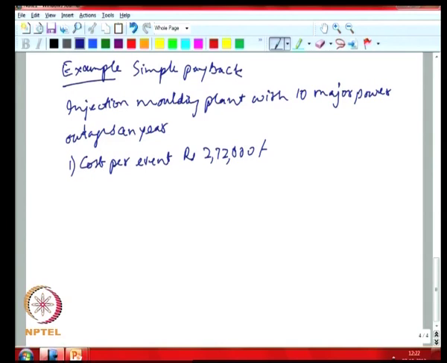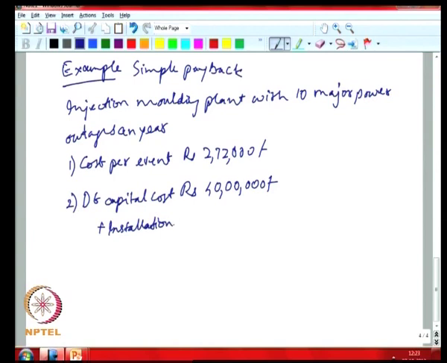And you have a number such as this, and then you look at the capital cost of the DG. And say that is costing 40 lakhs, and you have the installation cost of rupees 20 lakhs.